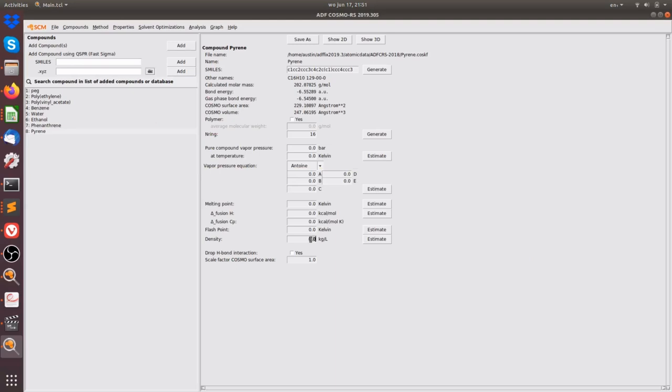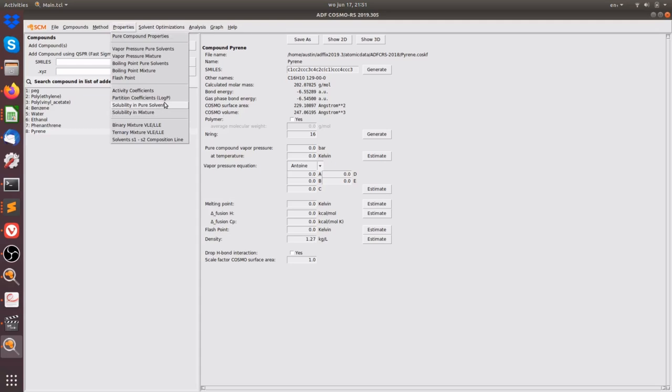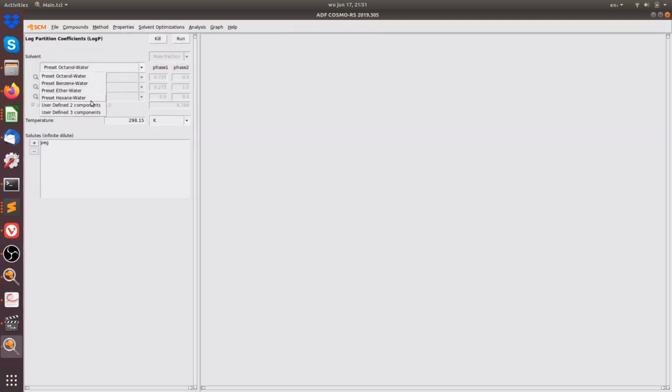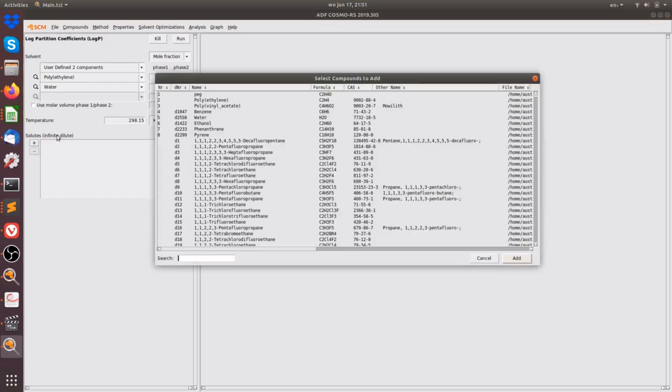That density is 1.27. So we can then go to partition coefficients, select user-defined 2 compounds, select our first phase as polyethylene, our second phase is water. Our temperature is 298, that's right. And we'll add a couple of these compounds that we're interested in calculating the partition coefficient of. So these are the 3 we've just considered.